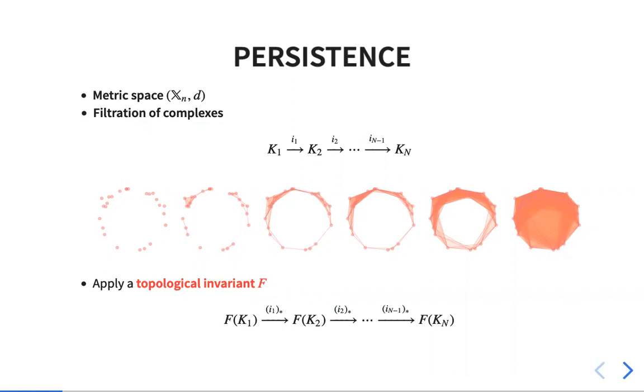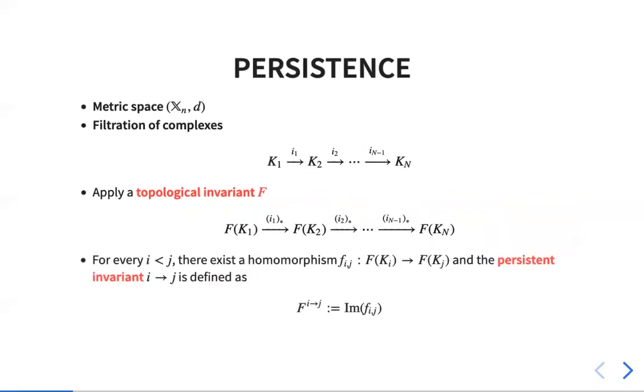So you're not only interested in each level of the filtration, but also in how this invariant changes from one level to the other. And so you're interested in this notion of persistent invariants.